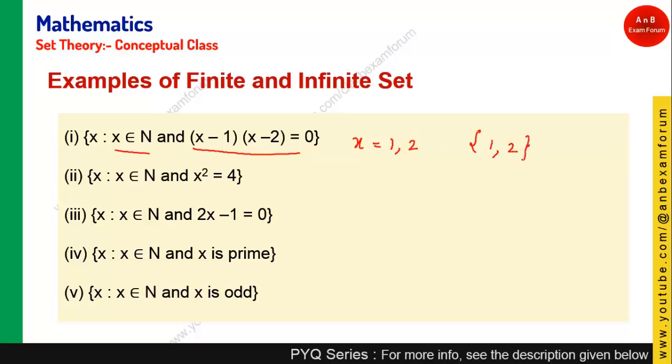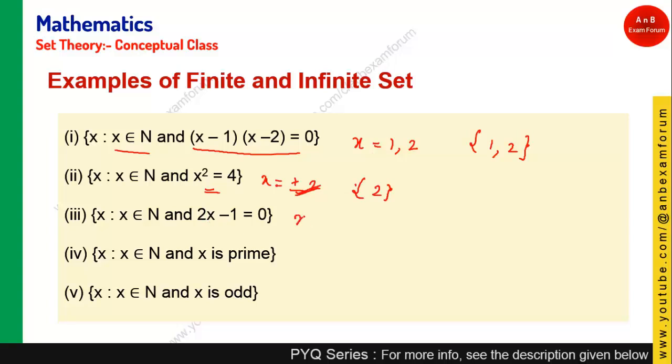Therefore, it is a finite set as you can count these elements. Similarly, if you solve this, x is equal to plus or minus 2 and x is a natural number, so you will ignore the minus 2. So this set will have only 1 element in it. Again, this is a finite set. Okay, let's see the next question.